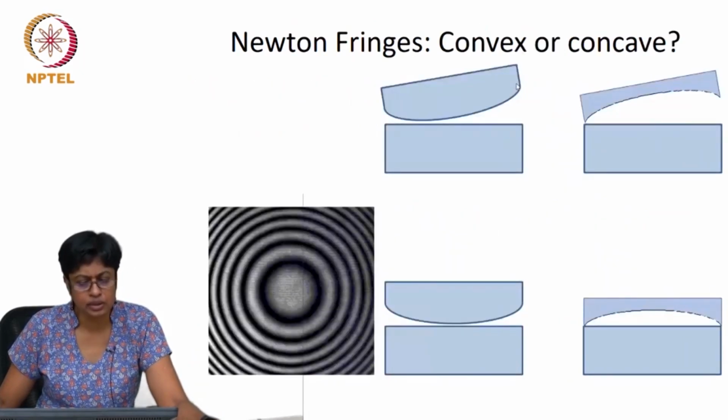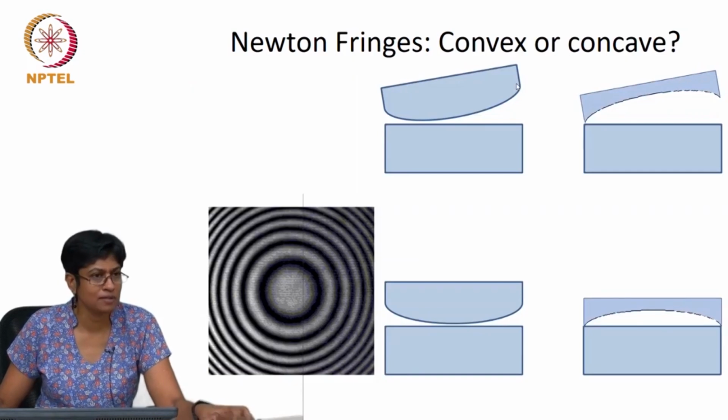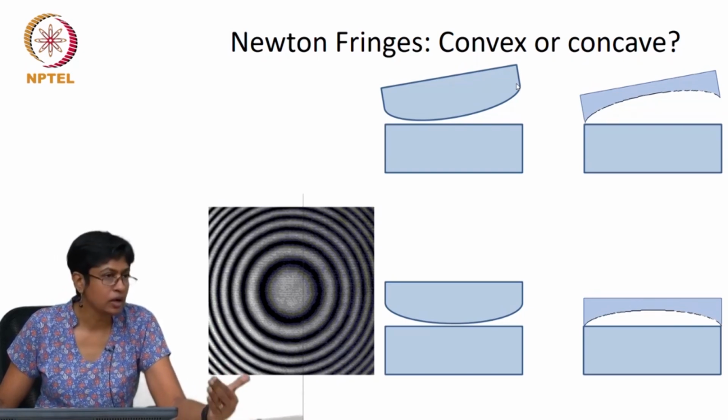Then we also looked at how do you tell the difference between a convex and a concave structure, and that would be based on how the fringes move depending on how you apply pressure to the device under test. Okay?